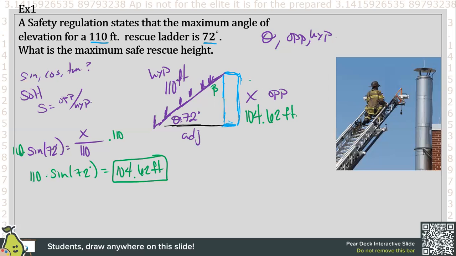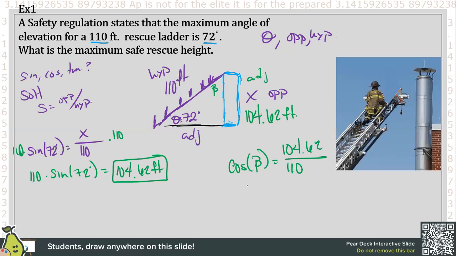For beta, this would be my adjacent and my hypotenuse. So we would say cosine of beta is equal to my adjacent, 104.62 divided by my 110.